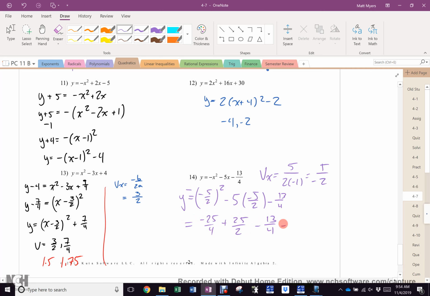Negative 25 minus 13 is negative 38 fourths, plus 25 halves, which is actually 50 fourths. So it is 12 fourths, which is actually 3. So my vertex is negative 5 halves, 3. And then you would graph it appropriately.